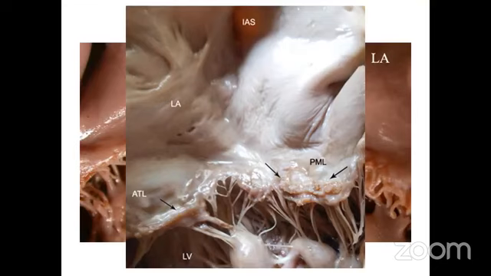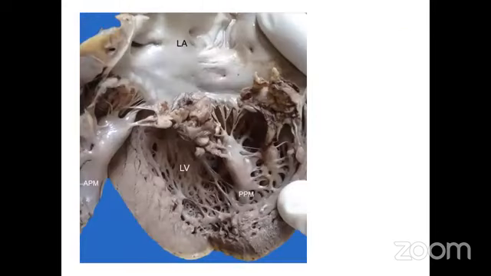So, all these are examples of a non infective type of endocarditis. But here, when you look at these vegetations, these are extremely bulky. They are yellowish white to brown in color.